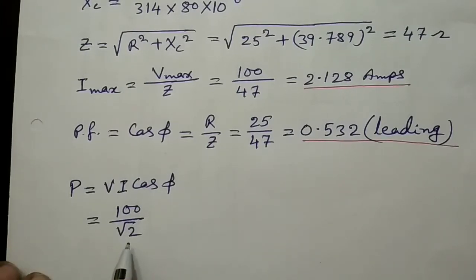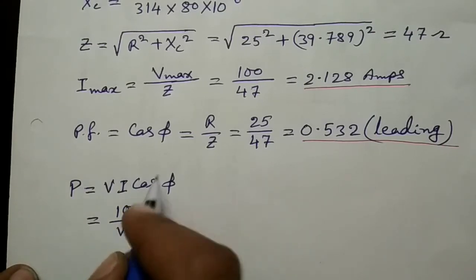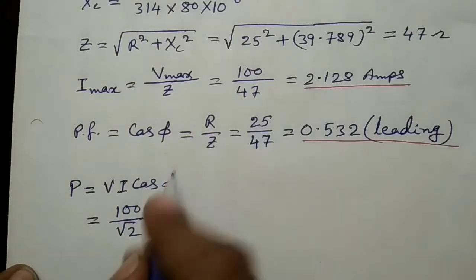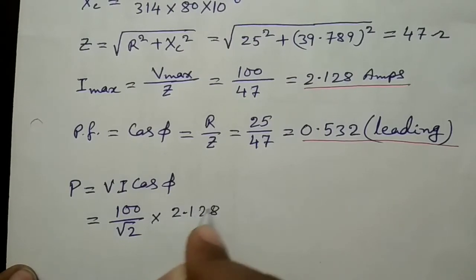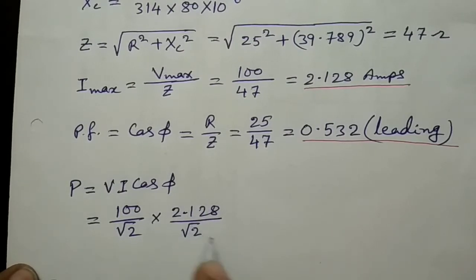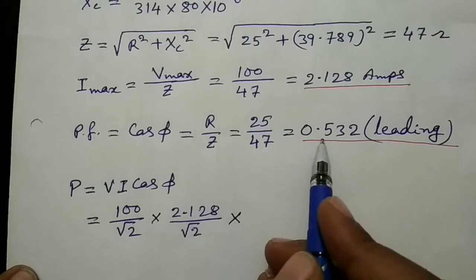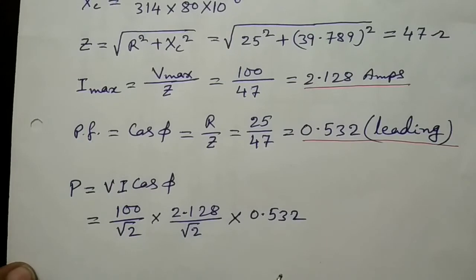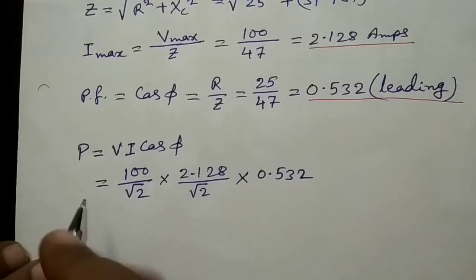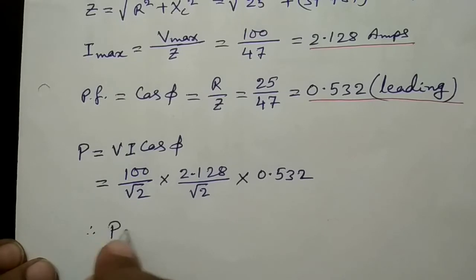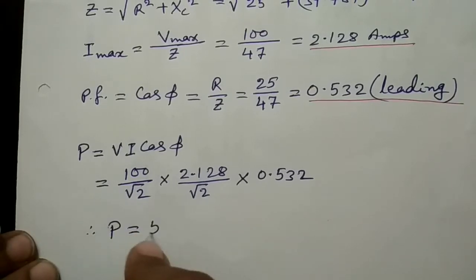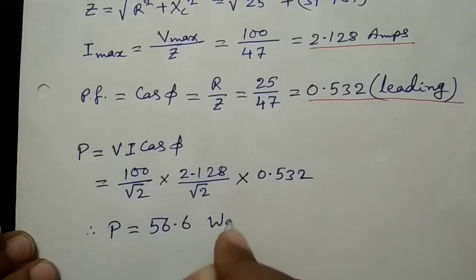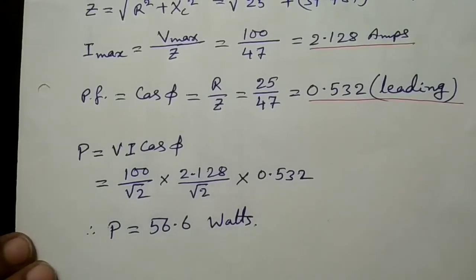Similarly, the current we calculated is the maximum current, 2.128, which will be divided by root 2 to get the RMS value. And the power factor we have calculated is 0.532. After solving, the total power of the circuit will be 56.6 watts. So this is our third answer.